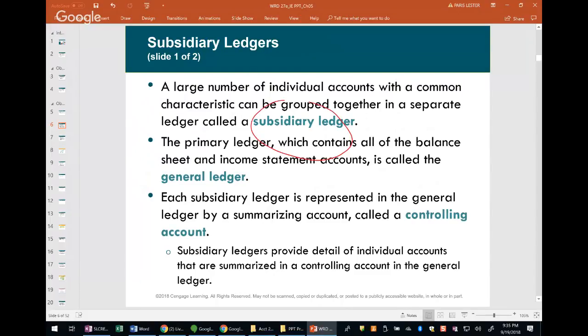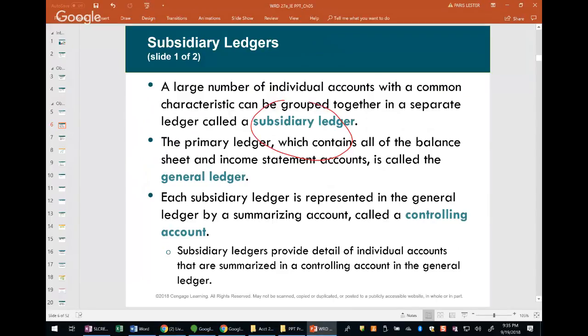Did you ever think about when you debit accounts receivable and credit revenue, how do we keep up with who owes us? We've got to have a subsidiary ledger. That'd be a list of customers, accounts receivable, and your name. So a subsidiary ledger is a list of customers or a list of accounts payable.